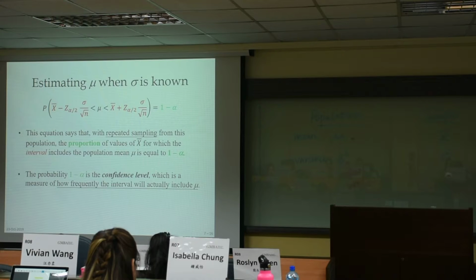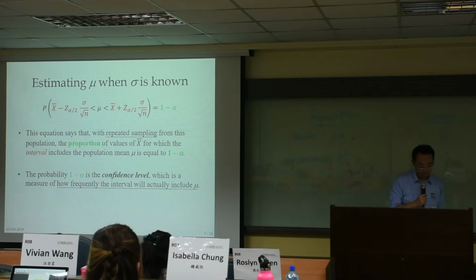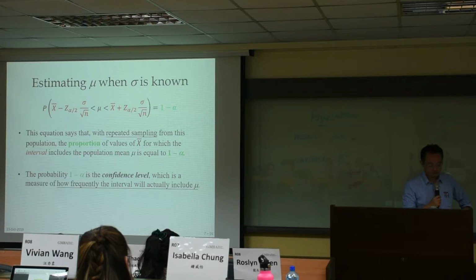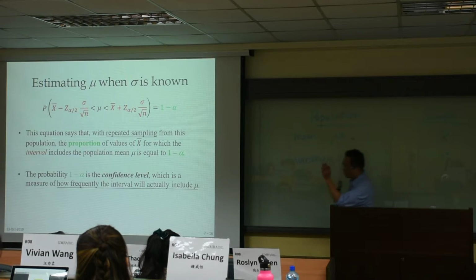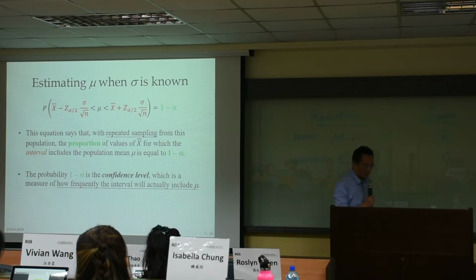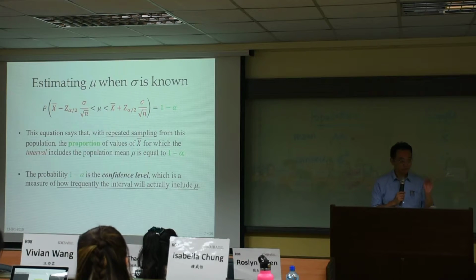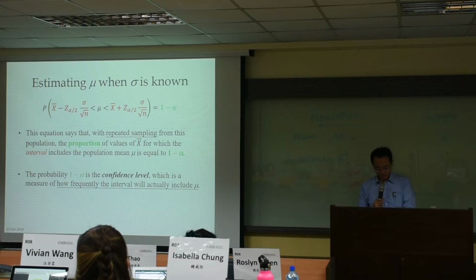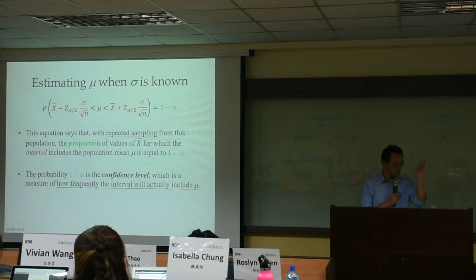So we say the probability 1 minus alpha is the confidence level, which is a measure of how frequently the interval will actually include mu. This is how frequently we will include the unknown but fixed mu. This is a very, very important idea about interval estimation.